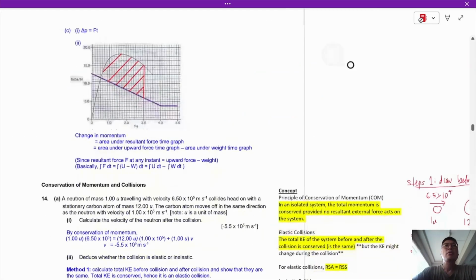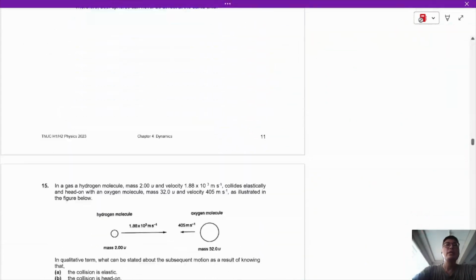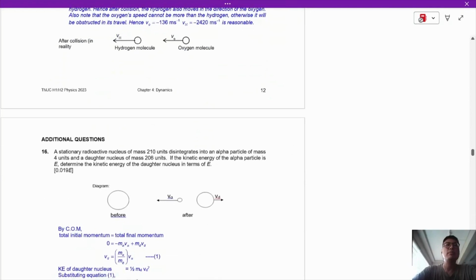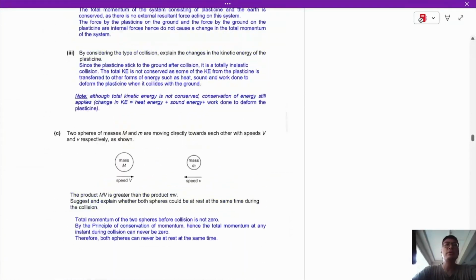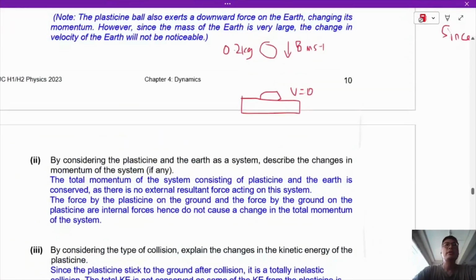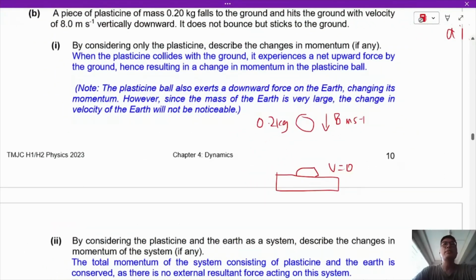Now, what are the changes in momentum? Sorry, it did not bounce off. By considering the plasticine, describe the changes in momentum only.